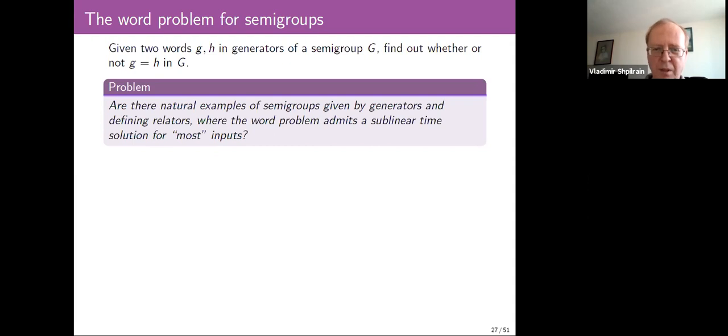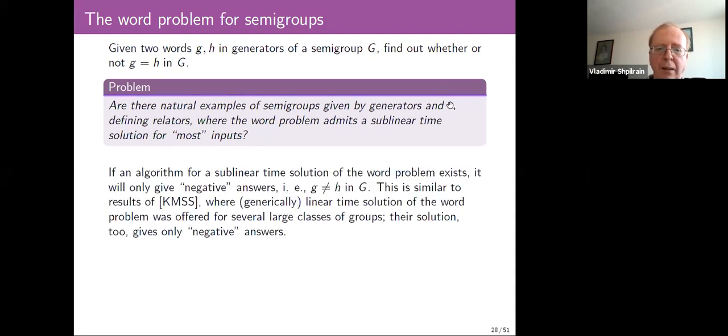At least something. And if such a sublinear time algorithm exists, it can only give negative answers. That means that G is not equal to H, because to prove that they are equal, you will need to read the whole inputs.